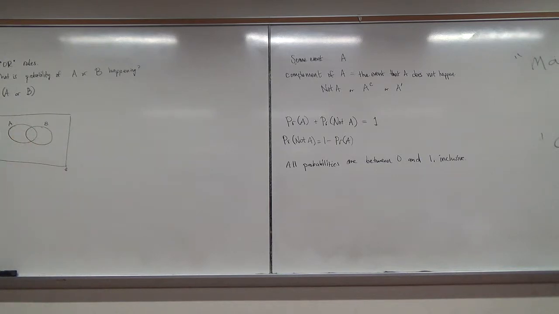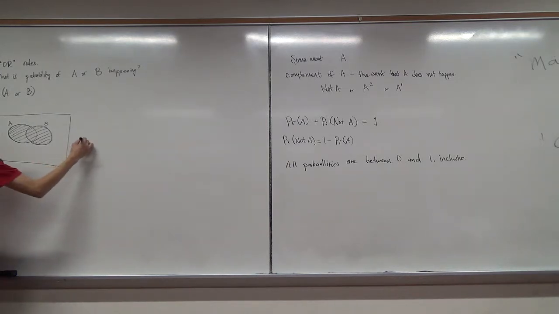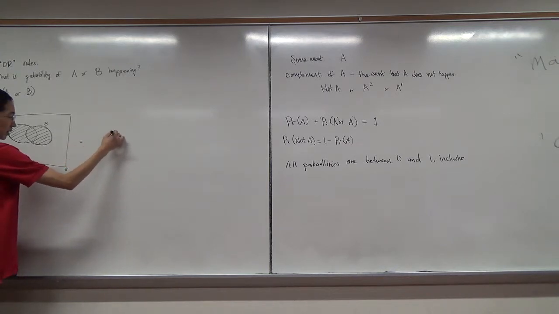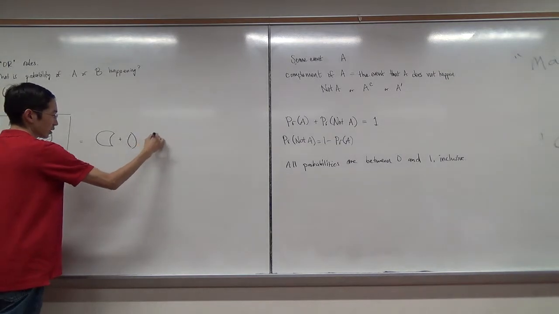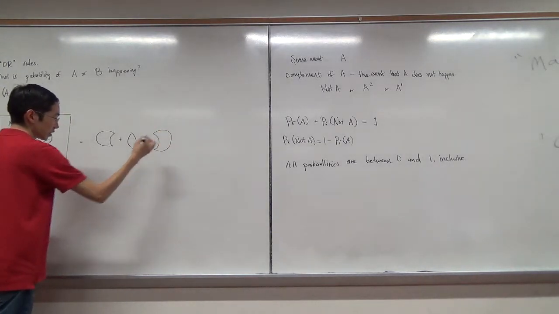Okay? So the probability of A or B would then be equal to whatever's in this joint area. Okay. So the probability of A or B, we can say it's equal to this plus this plus this.